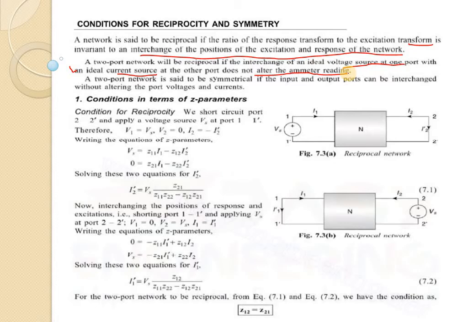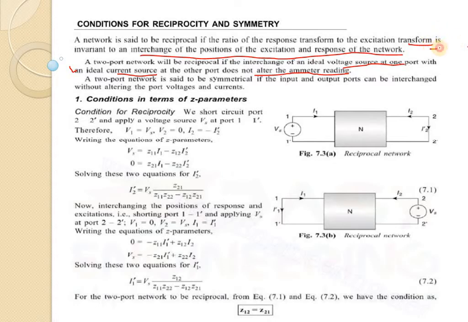Similarly, a two-port network is said to be symmetrical if the input and output ports can be interchanged without altering the port voltages and currents.